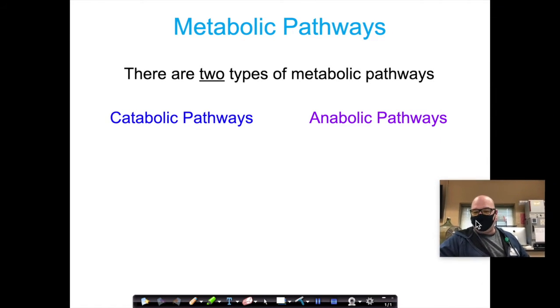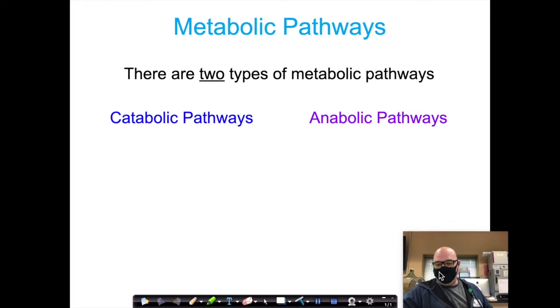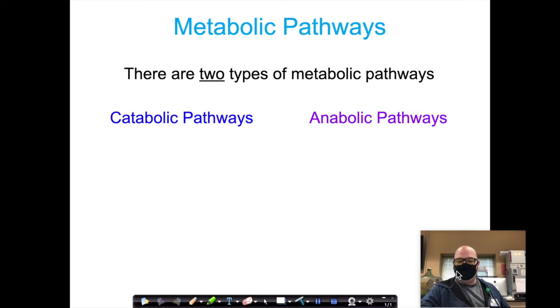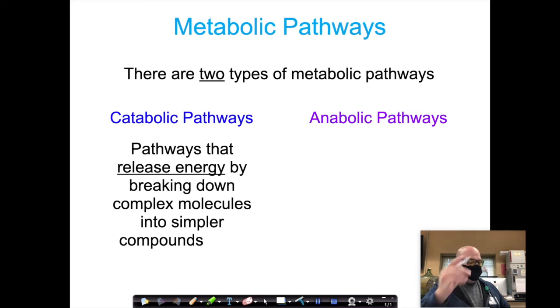And these pathways, there's two main kinds of them, and I'm going to give you some memory tools for these. The first one is catabolic, and this is just a little mnemonic. The word cat, well, I think of the actual animal cat, okay? And I think of a naughty cat that has a lot of energy it wants to release.